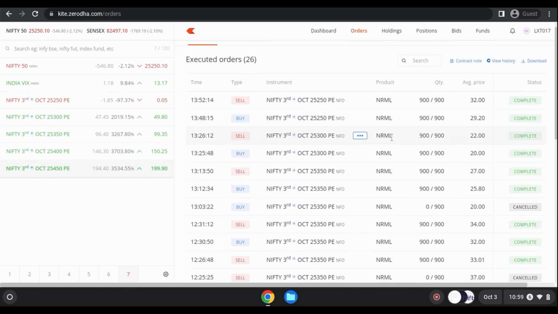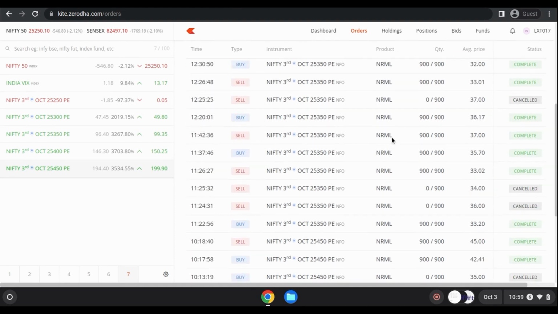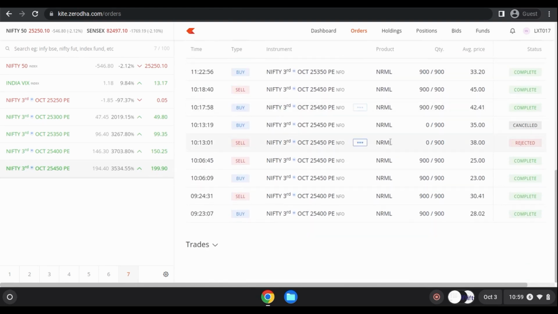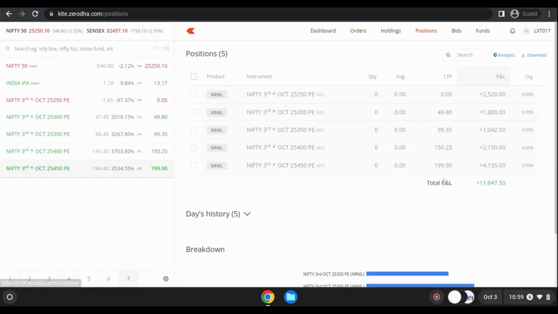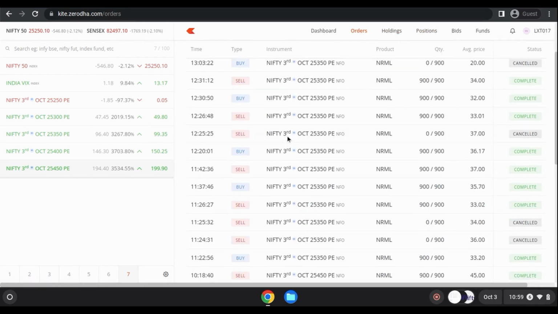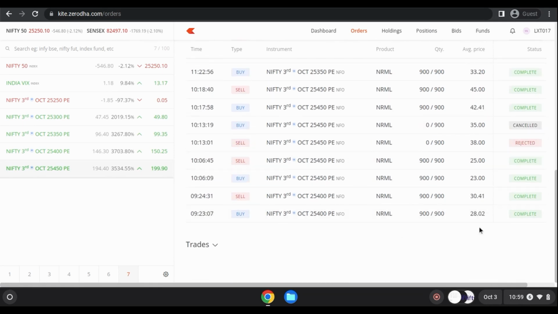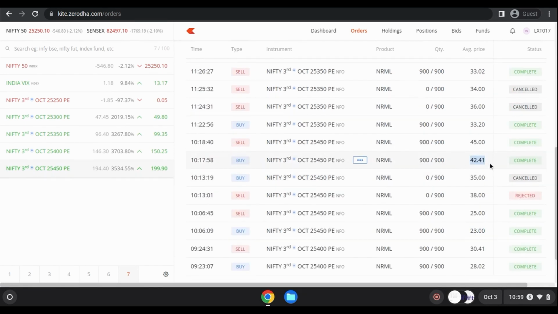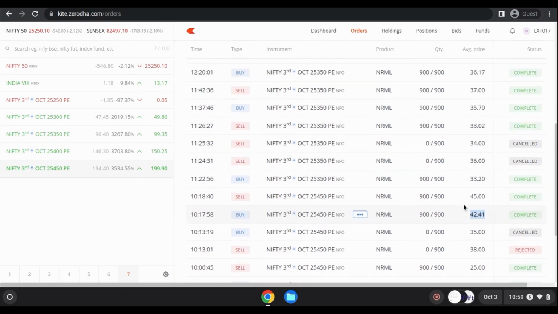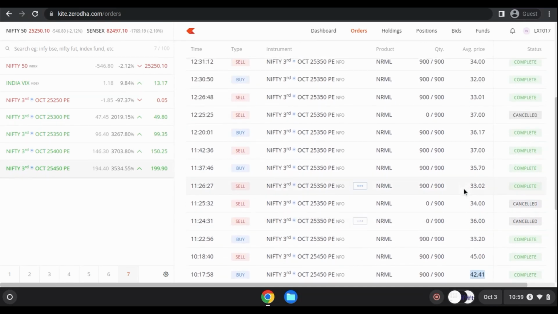Now we'll calculate the capital that I've used to make 11.6k profit a day. If you check in the orders, what's the highest price that I've entered? 42.41. Remember, there's nothing more than 42 here. This 45 is a sell, right?